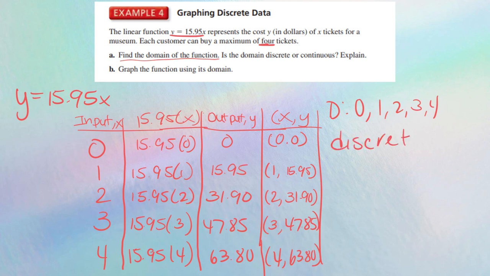Discrete. Why is it going to be discrete? What do you guys think?